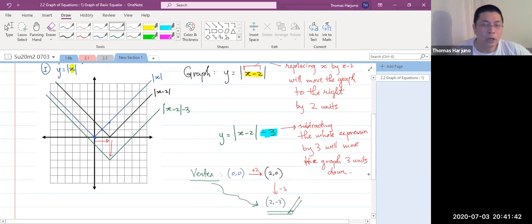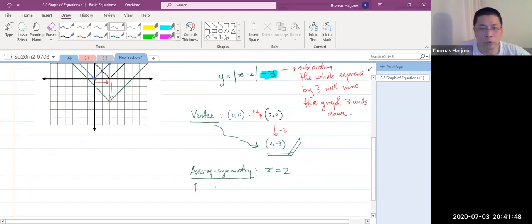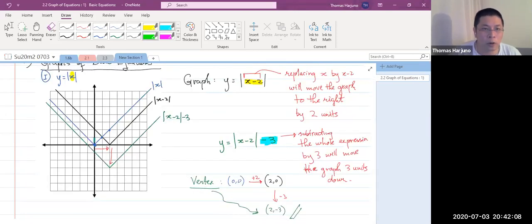The domain of this function is all real numbers. However you move it, left, right, up, down, it will still give you all real numbers. Now how about the range? Originally the range is from 0 to infinity.